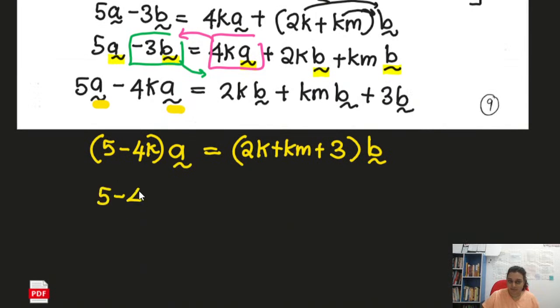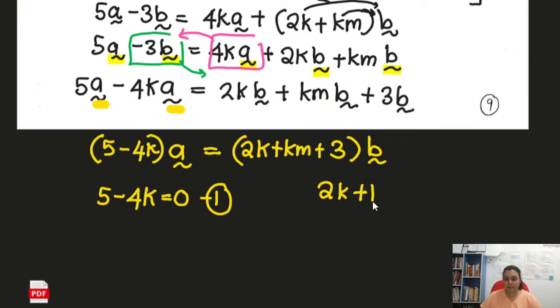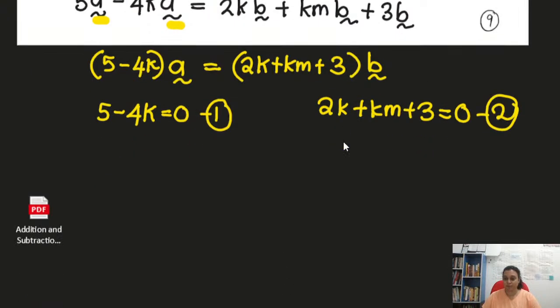Now, since they mentioned that this is not parallel, tidak selari, therefore, you can take this equation. The first one, take the vector A punya persamaan, samakan dengan kosong. Ini persamaan 1. After that, take the second one. 2K tambah KM tambah 3, you make it equal to 0. This is equation 2. Okay, now it's up to you to solve. Equation 1, you can already find the K actually.